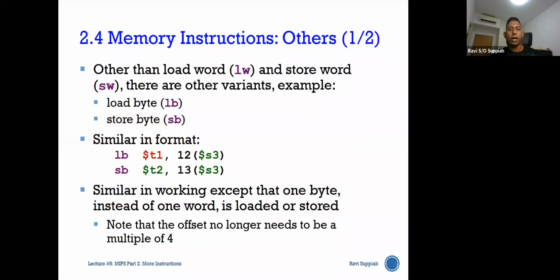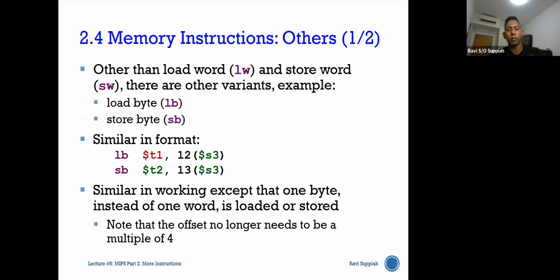Now, we do have other types of instructions where you can specifically manipulate bytes. In this case you can directly manipulate a byte, with load byte and store byte. I'm just putting it here for you to know that there are such instructions besides load word and store word.